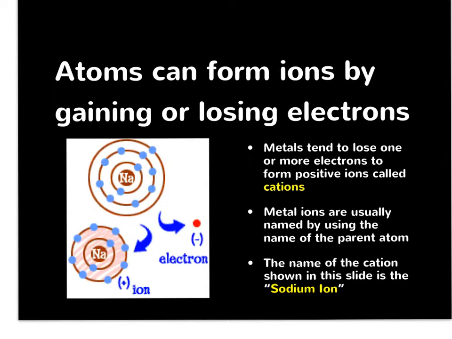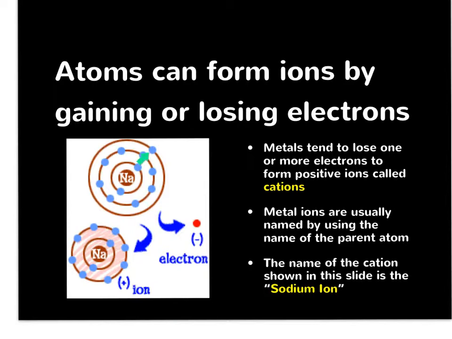It is a heck of a lot easier for sodium to lose 1 valence electron, and when it loses that 1 valence electron, the outermost shell disappears. When it disappears, the sodium now in its outermost shell has the 8 valence electrons. So if I start here and I count 1, 2, 3, 4, 5, 6, 7, 8, it now has what we call a complete octet.